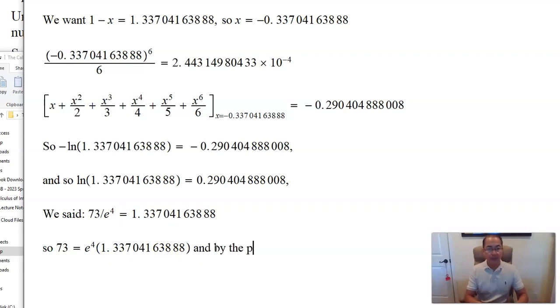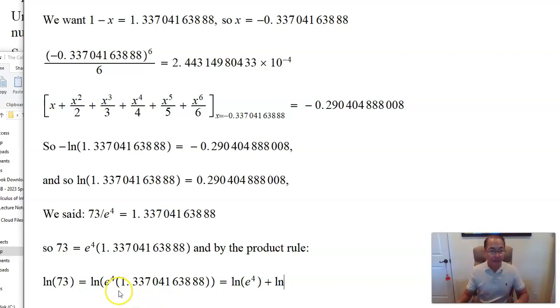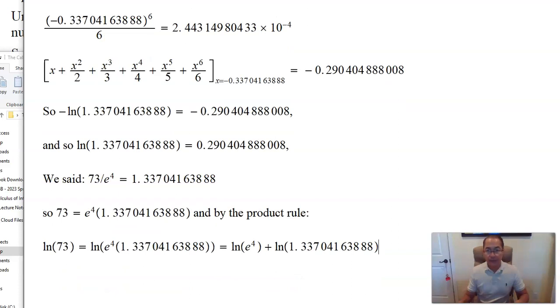And by the product rule, ln of 73 is the ln of this product, which we know is the ln of e to the 4 plus the ln of this factor. And of course, ln of e to the 4 is just 4.